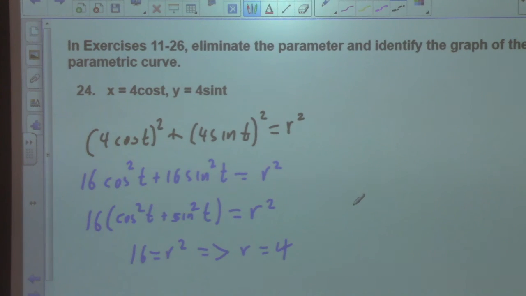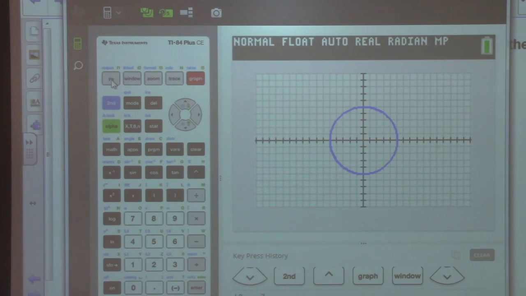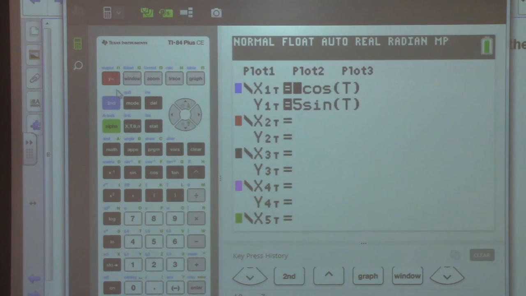Now I want to show you something that was interesting, that was brought up in 5th period class. I think it was Elizabeth who brought it up. Are these numbers always going to be the same? Not necessarily, right? So let's say we made that 4 cosine t and 5 sine t. What's going to happen here?